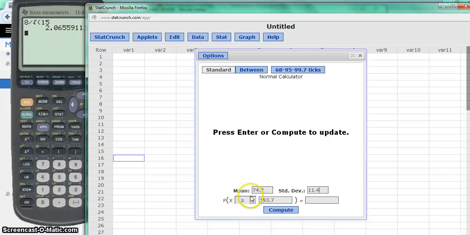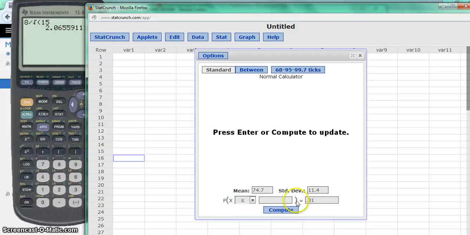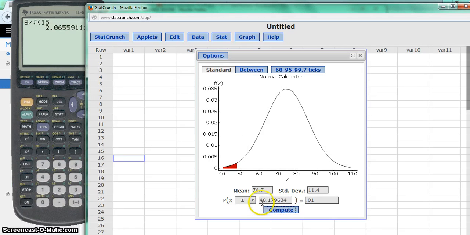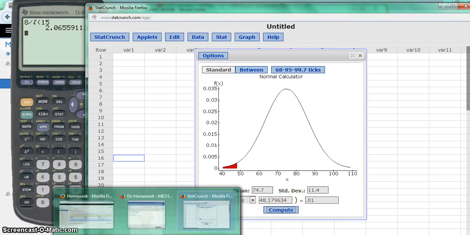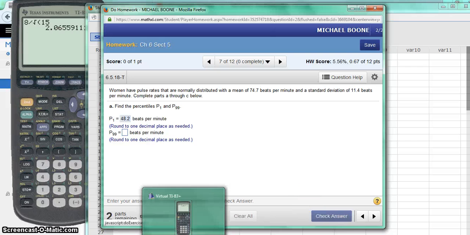So, looking at a picture, that means I have 1% to the left, which would be my 1st percentile. And so that gives me 48.2, right? So we found the number of heartbeats. So 48.2. And then I could do it for the P99.